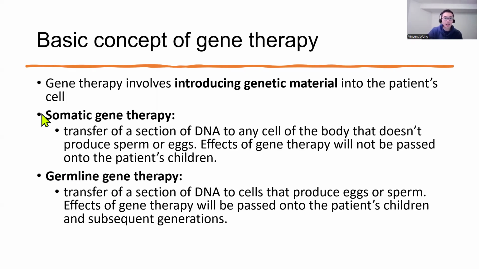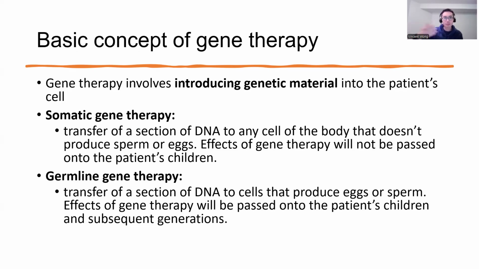As the name implies, somatic gene therapy affects bodily cells that are not going to become sperm or eggs, whereas germline therapy affects germ cells, which you learned undergo meiosis to become the sperm and the egg.